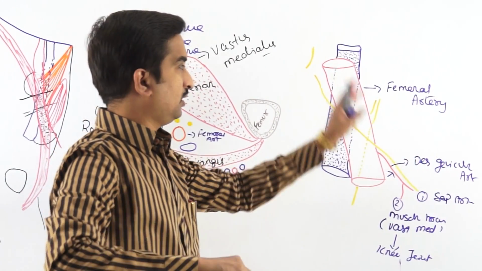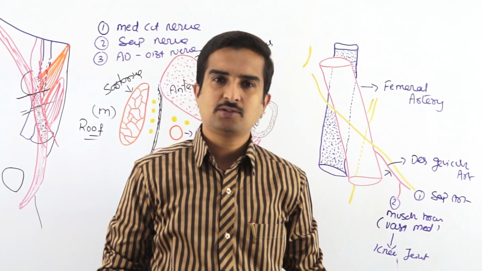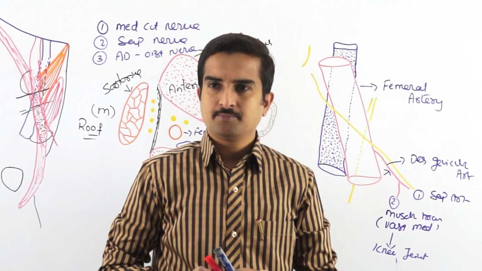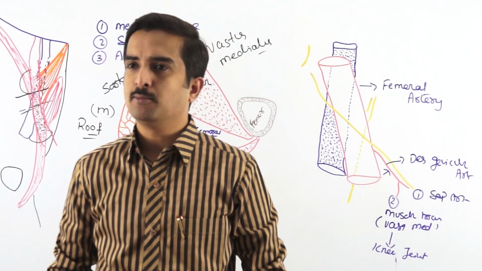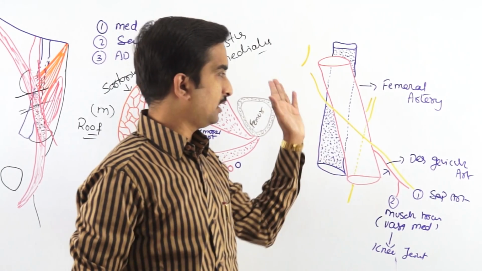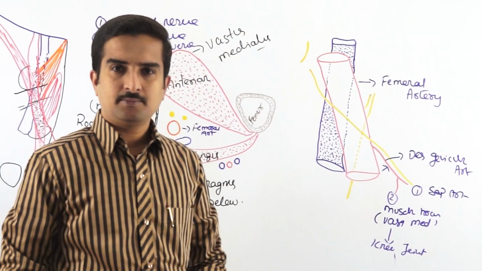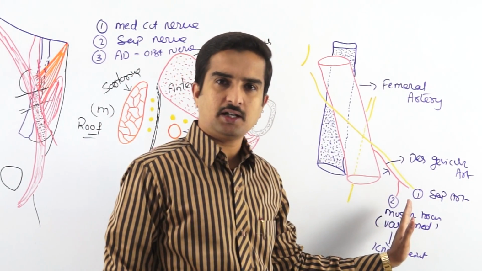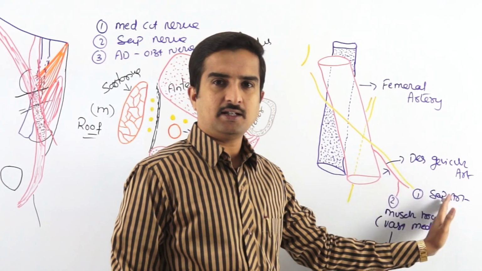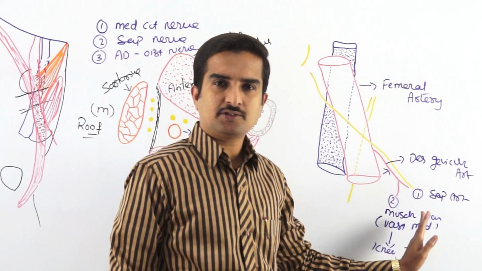Okay. So let us discuss the contents of the adductor canal. In that, the first one is the femoral artery. The femoral artery enters the canal at the apex of the femoral triangle, right? And in the lower part of the canal, it gives off the last branch of the femoral artery called the descending genicular artery. The descending genicular artery gives off two branches.